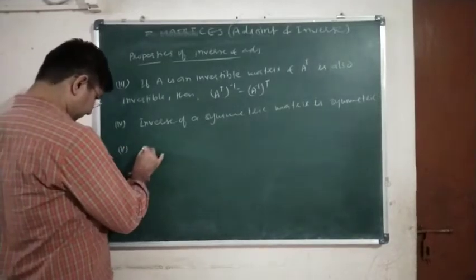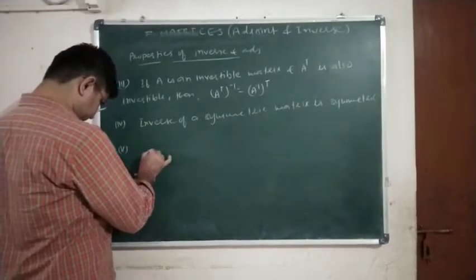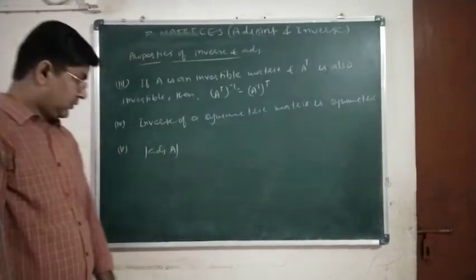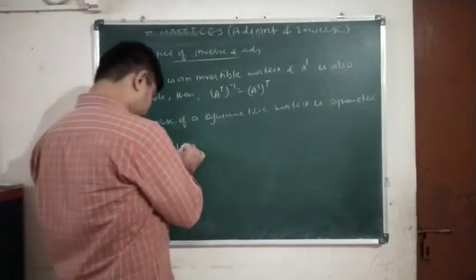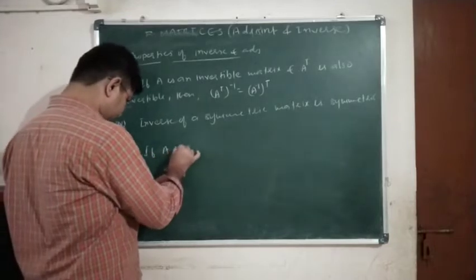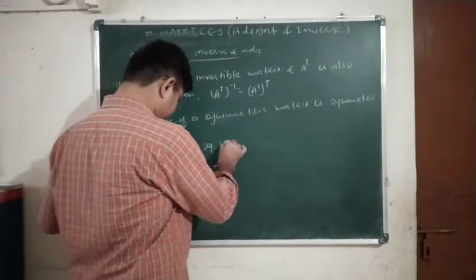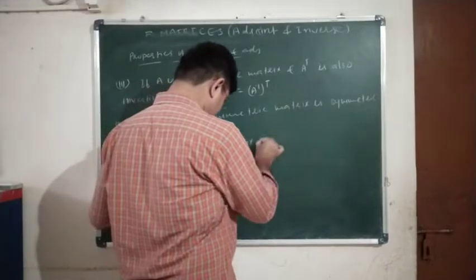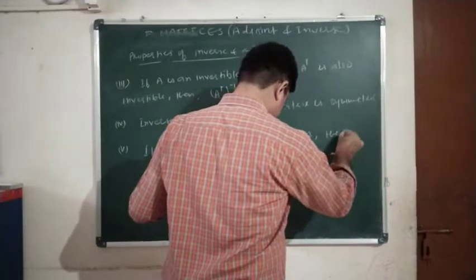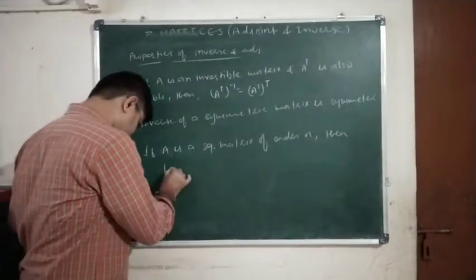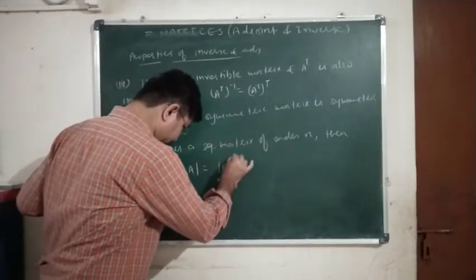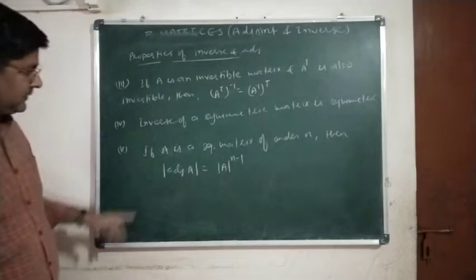Then we have number 5. Adjoint of A: let me write down the statement. If A is a square matrix of order n, then determinant of adjoint of A is equal to determinant of A raised to n minus 1.